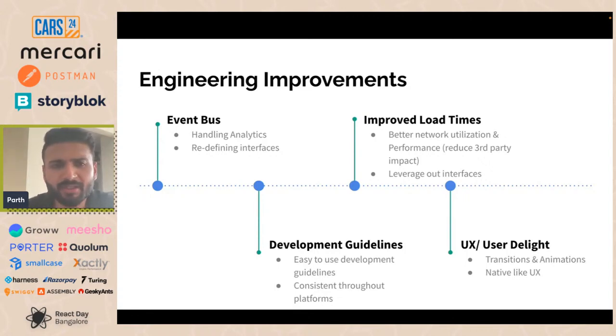At the same time, you have a lot of different SDKs downloaded on your web, which are generally third party SDKs. For example, you have several analytics scripts, you have marketing scripts, GA, GTM, and so on and so forth. But with the help of the event bus, you do not need to load all those scripts. So this definitely improves your time to interactivity by a huge number, right?